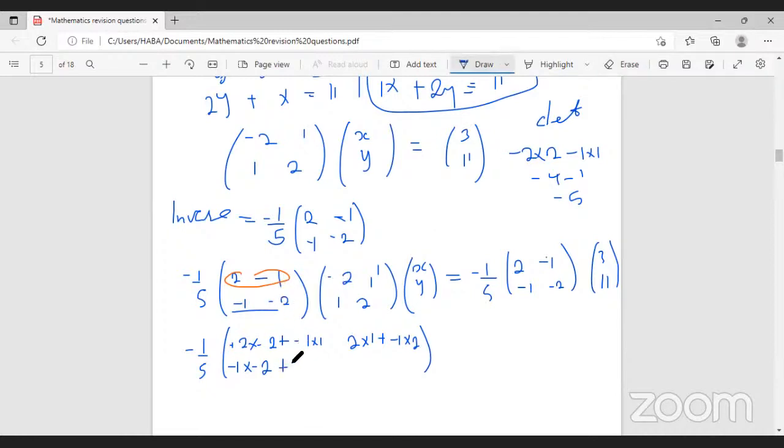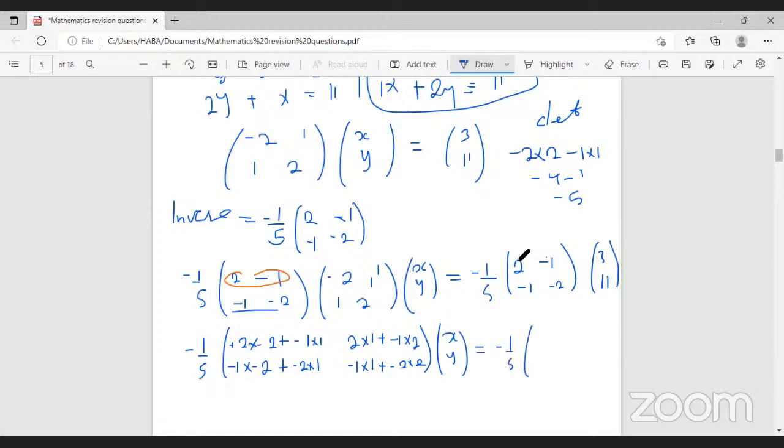Then plus negative 2 times 1. So the second, negative 1 times 1 plus negative 2 times 2. And then we have our xy, negative 1 out of 5.